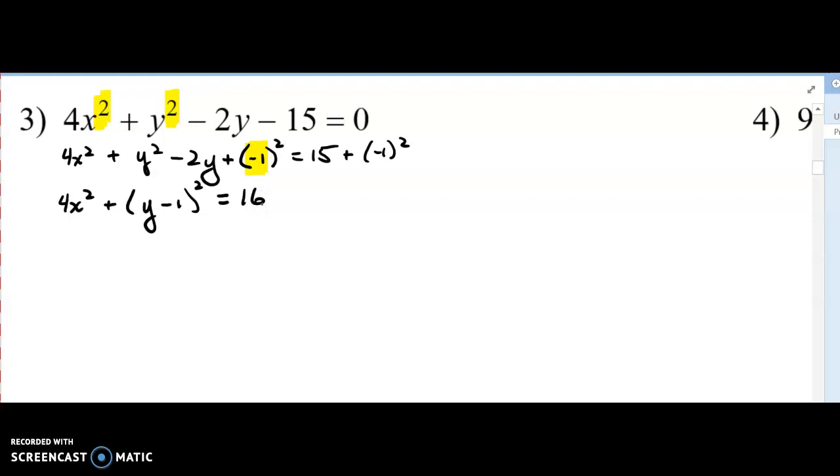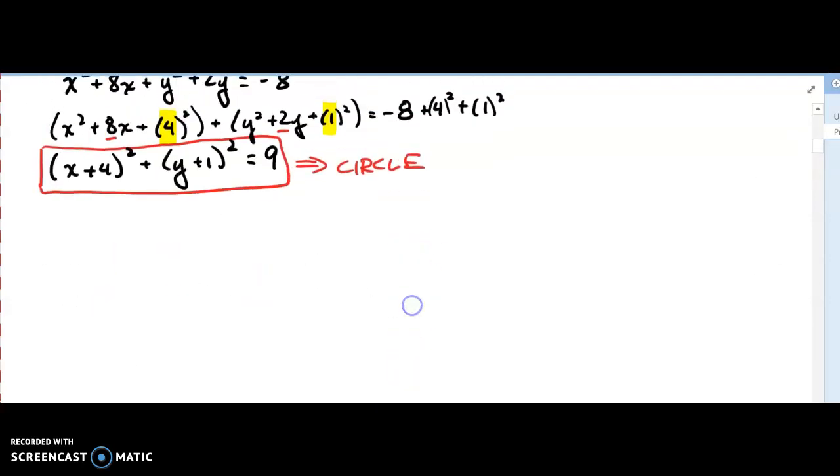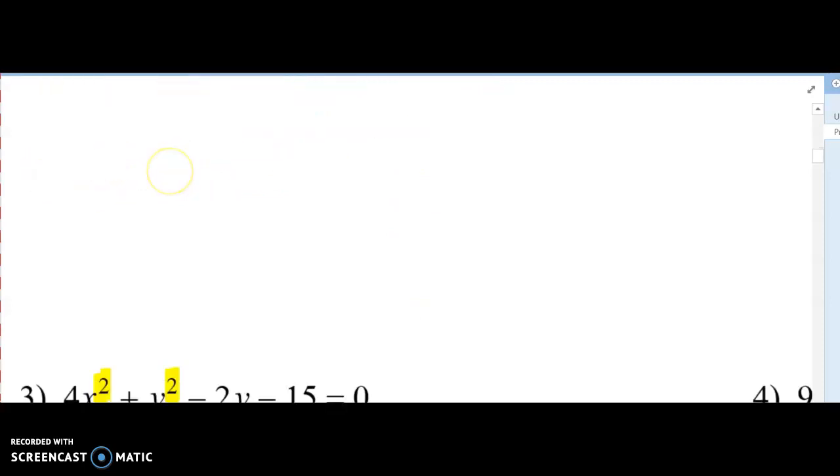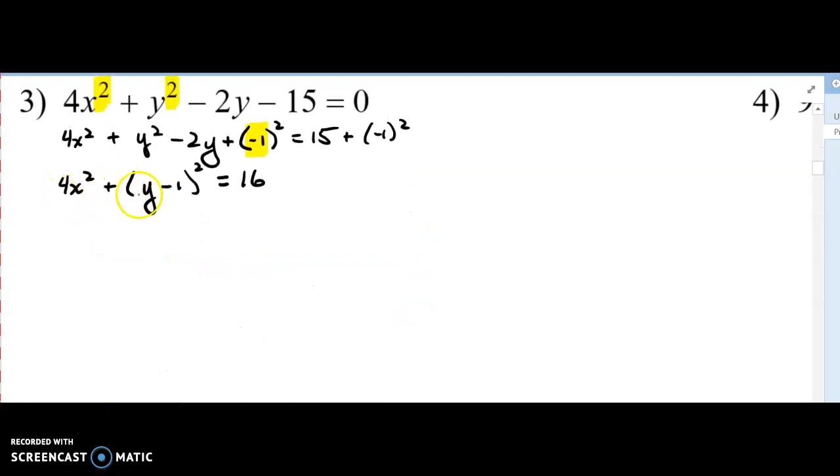Okay, now in the first problem, the coefficient of my perfect squares is 1. But over here, my coefficient of my perfect square is 4, and over here it's 1. So what I'm going to do is I'm going to divide everything by 16 and simplify.